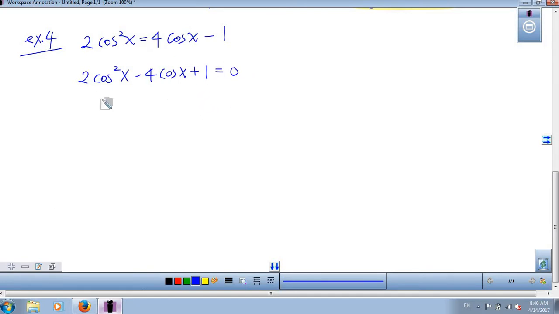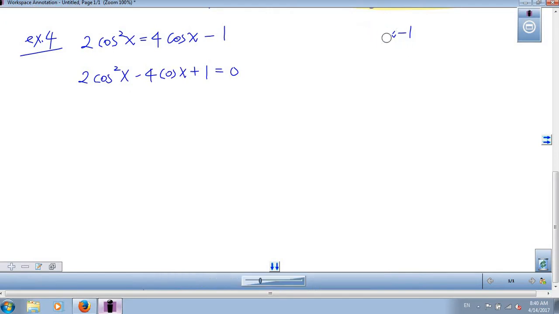Now before, we usually want to factor this, right? So we basically move everything. If we have a quadratic equation, for example, 2x squared equals 4x minus 1, you would move everything to the left hand side and set it equal to 0 and start trying to factor it or solve it.